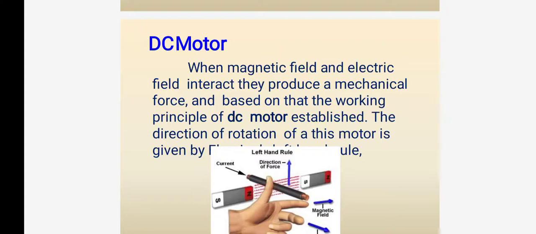You can see here the thumb gives the direction of force, the middle finger shows the direction of current, and the index finger shows the magnetic field. Then the current passes through the conductor. Based on Fleming's left hand rule, the electrical energy is converted into mechanical energy. The direction of rotation is based on the supply given to the corresponding conductor.